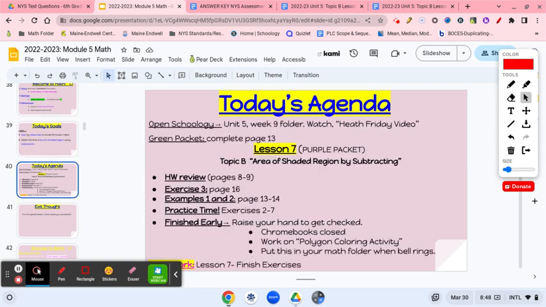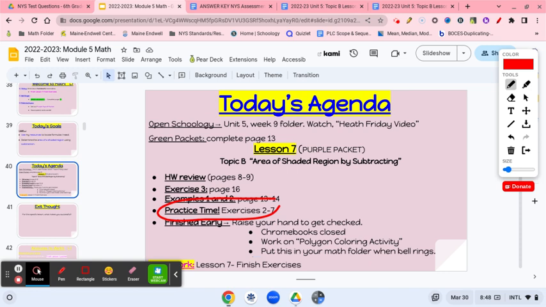So you guys, for the rest of the period, you have this on your table. If you finish exercises 2 through 7, I want you to check the answer key because my video is running really long. So check the answer key when you're done.